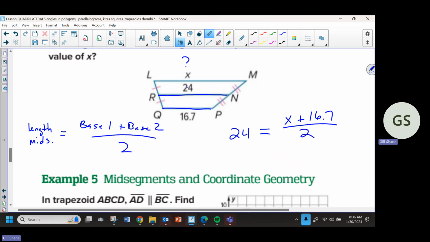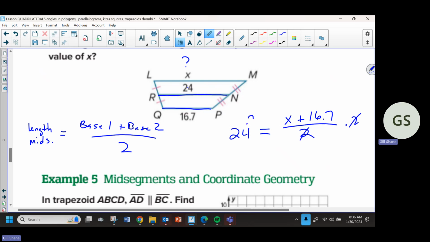I need to get rid of the 2 first. What's the math going on right here? It's division. So we do the opposite math to get rid of the 2. Always opposite. So times 2 will get rid of it.